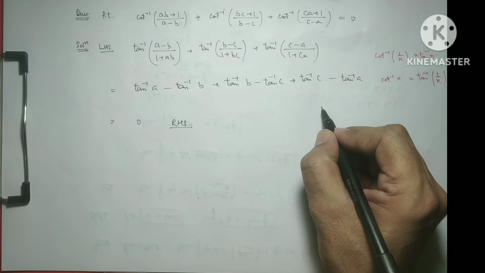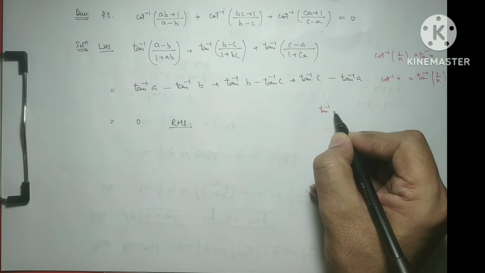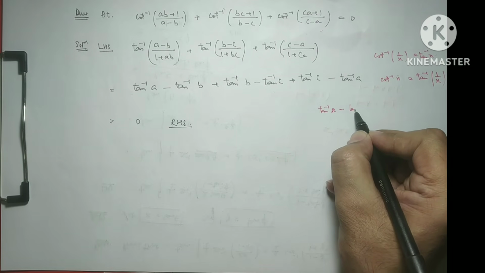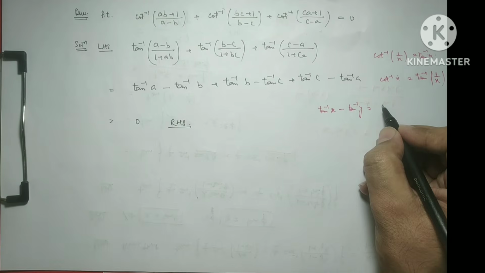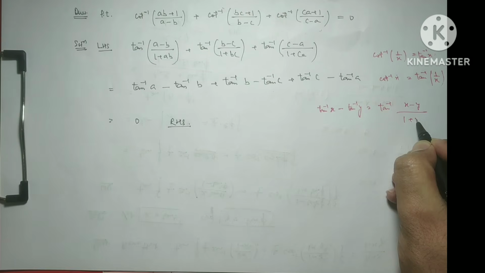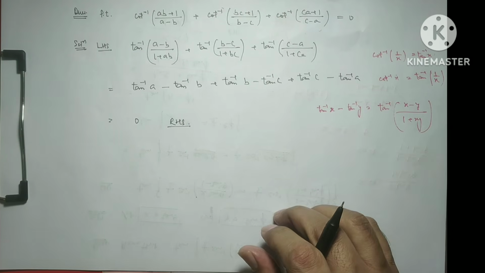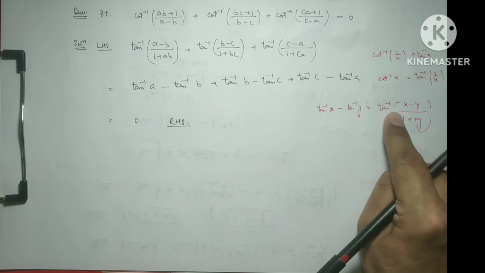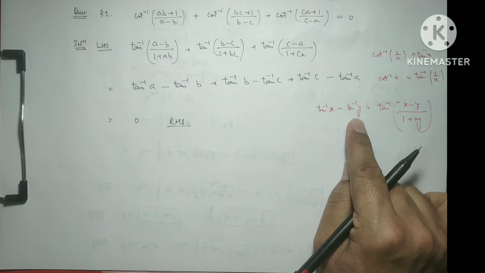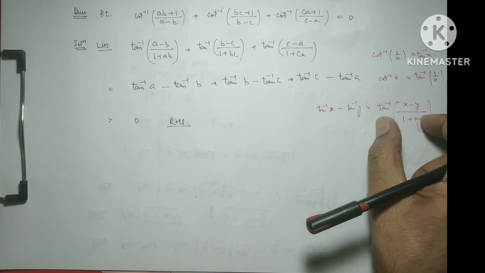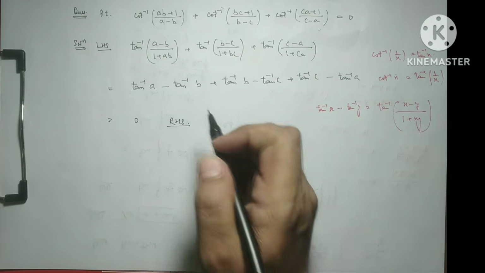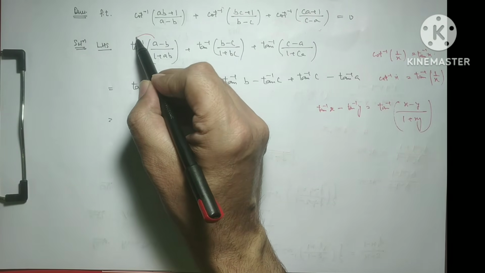Again we have a formula: tan inverse x minus tan inverse y equals tan inverse of x minus y over 1 plus xy. Right now we have the right hand side of this formula, and we can convert it into the left hand side. So this will be converted into tan inverse of x minus tan inverse of y. In the same manner, tan inverse A minus tan inverse B.